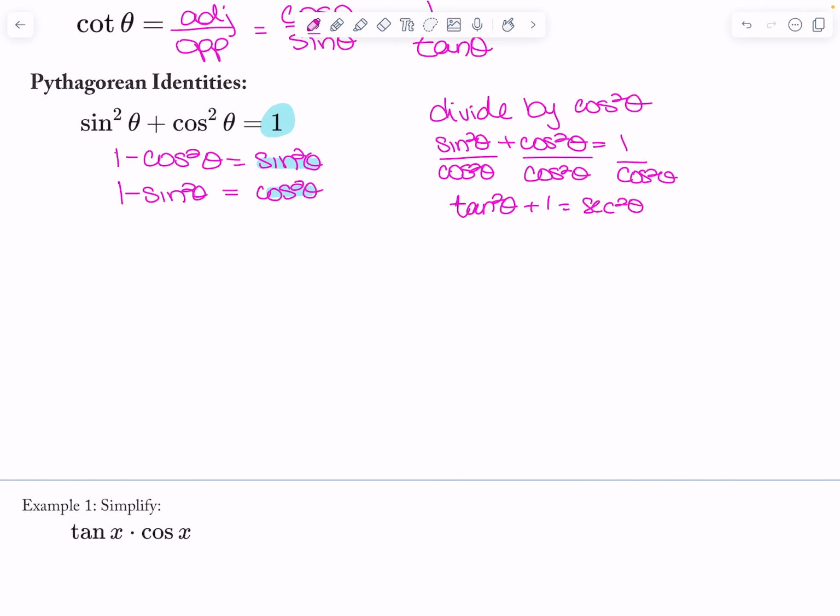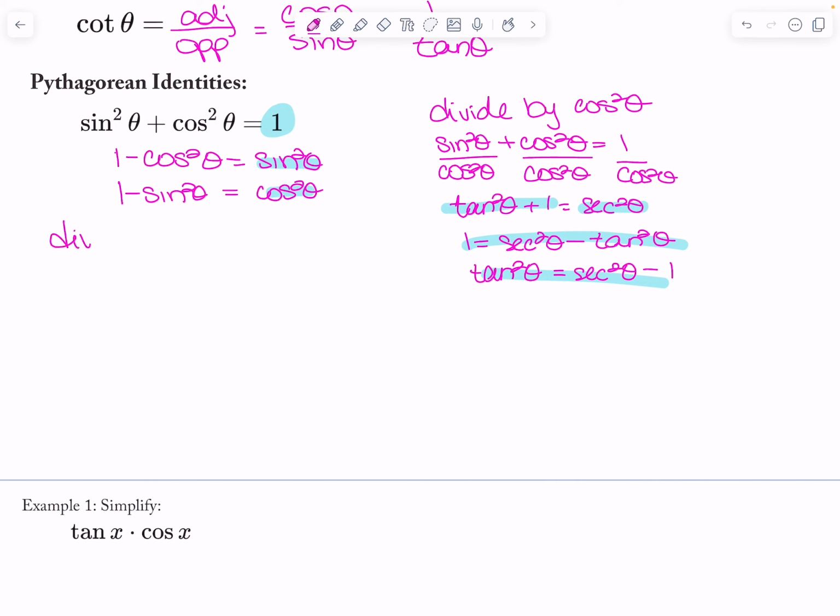And so now I have a new identity. Anytime I see tangent squared plus 1, I can substitute in secant squared. I could also say that 1 is equal to secant squared theta minus tangent squared theta. I can also say that tangent squared theta can be substituted in when I see secant squared theta minus 1. So now I have a few more identities that I can use for substitution just to try to simplify things.